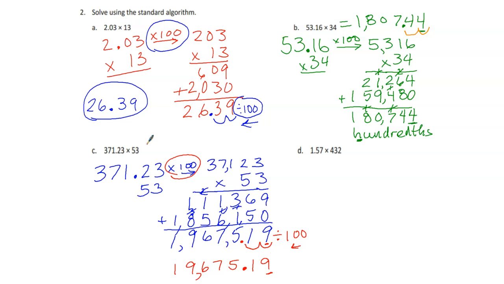So that would be 19,675 and 19 hundredths.